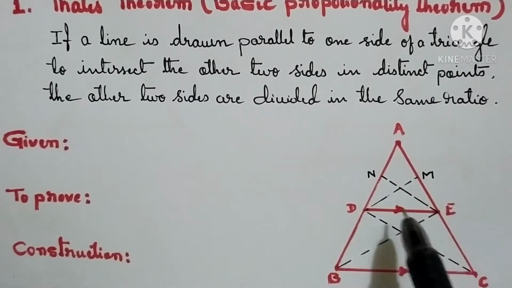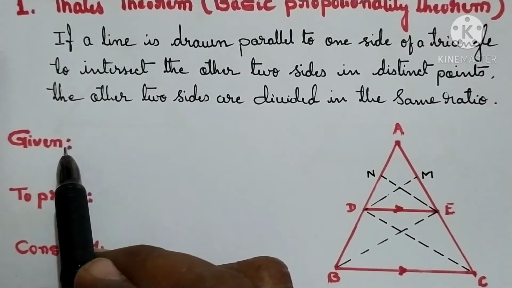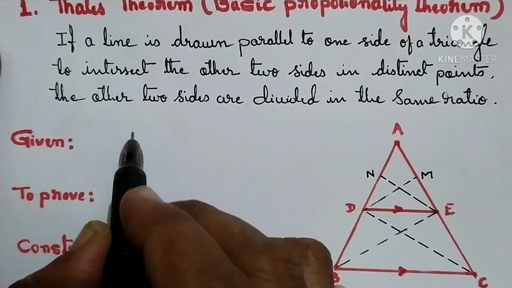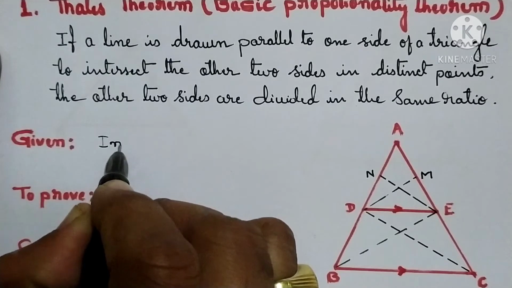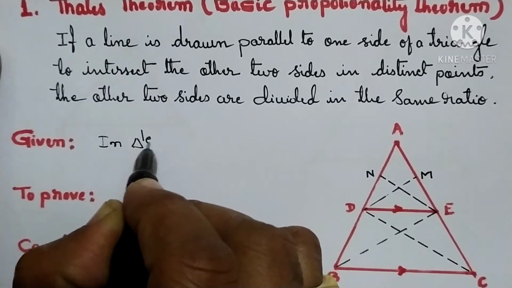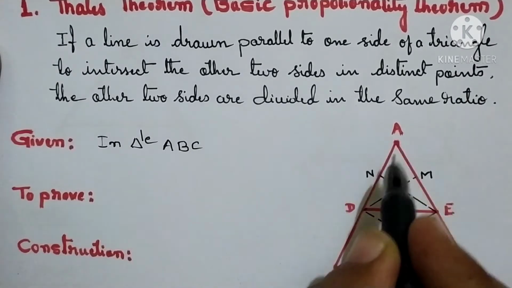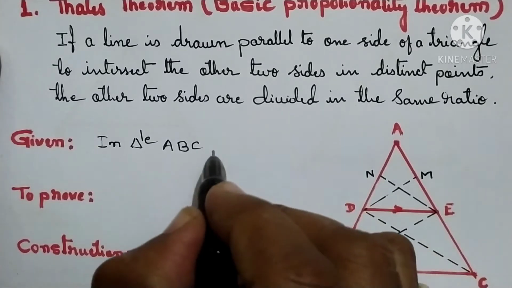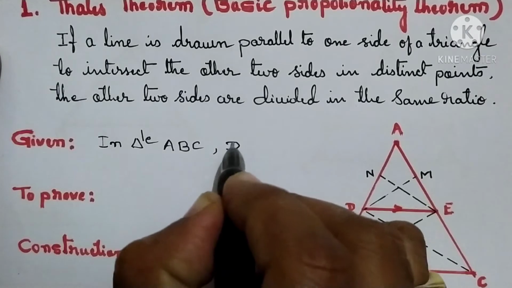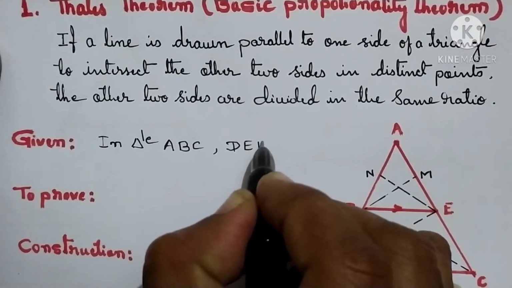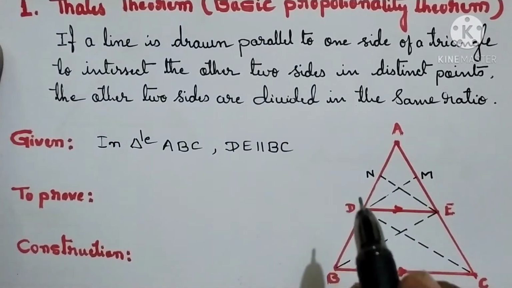So first what we have to write here, the given points. So what are the given points here? In triangle ABC, DE is parallel to BC.